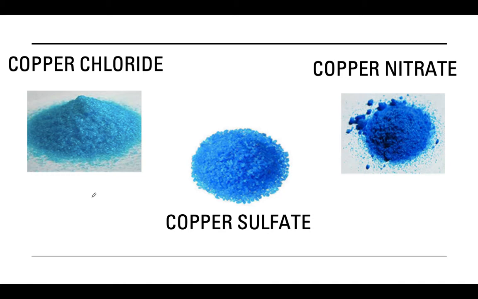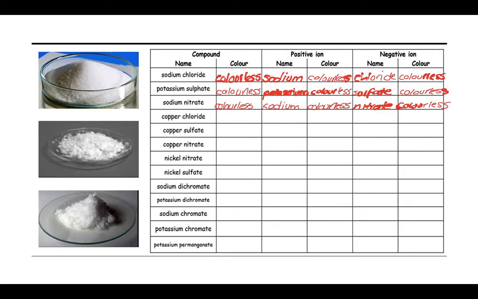So copper chloride, copper sulfate and copper nitrate are all blue. But we know already that the chloride ion, the sulfate ion and the nitrate ion are all colourless. It doesn't matter which compound they are in, they are still going to be colourless. So we can copy that in just now.